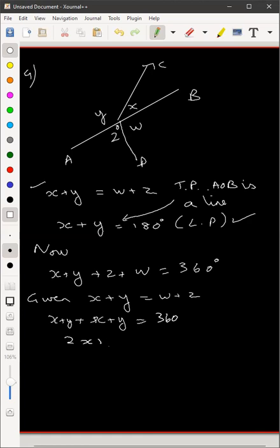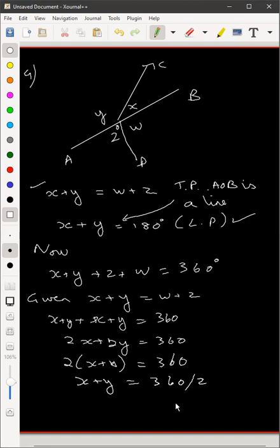So 2X plus 2Y is equal to 360 degrees, or 2 into X plus Y is equal to 360 degrees. Taking 2 common, X plus Y will be 360 degrees divided by 2, which is 180 degrees. Hence, proof. Got it? Yes, sir.